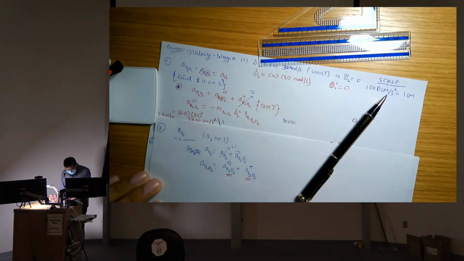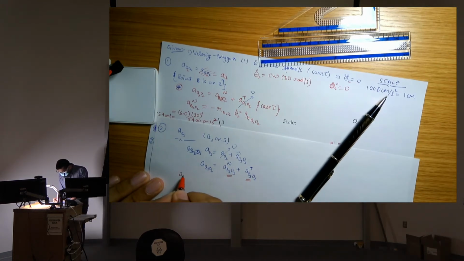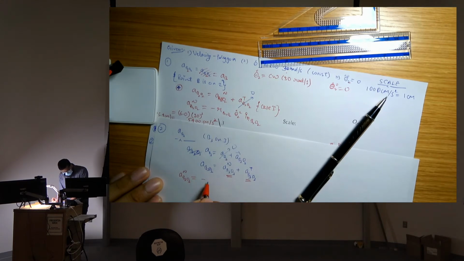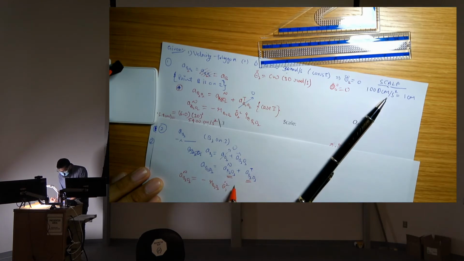The normal component A_B3/O3 formula would be R_B3/O3 times theta 3 dot whole square.